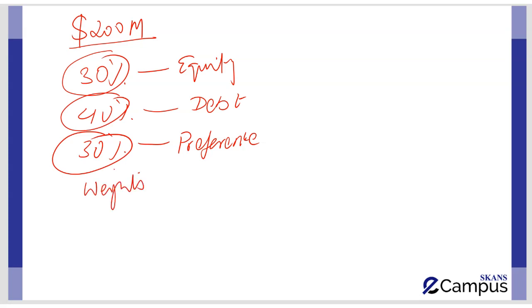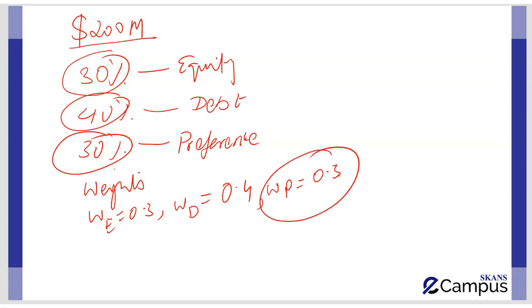Because they are telling me how much of that portion of financing is done by equity. So my weight of equity is 0.3, which tells me that 30% of the financing is done by equity. My weight of debt is 0.4, because I know 40% of my finances are paid by debt. And the weight of preference shares is 0.3, which tells me that 30% of the financing is done by preference shares.